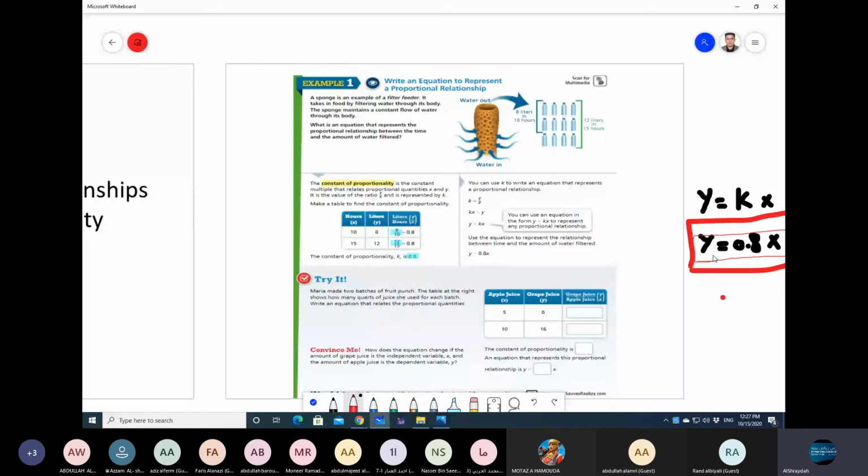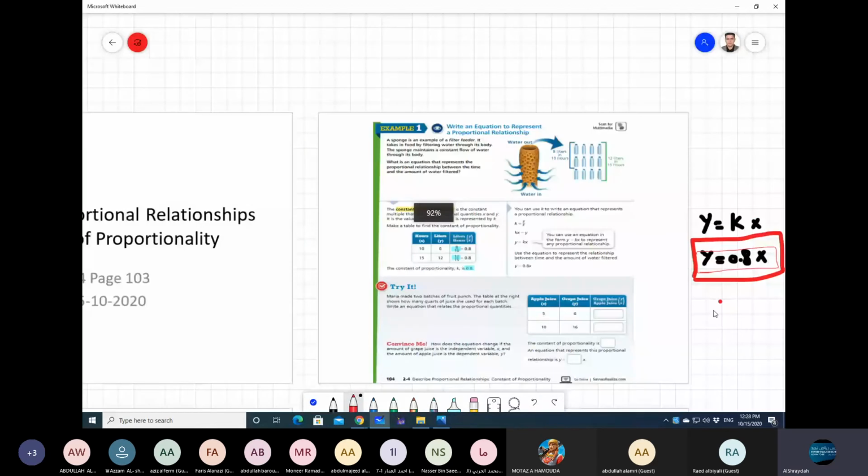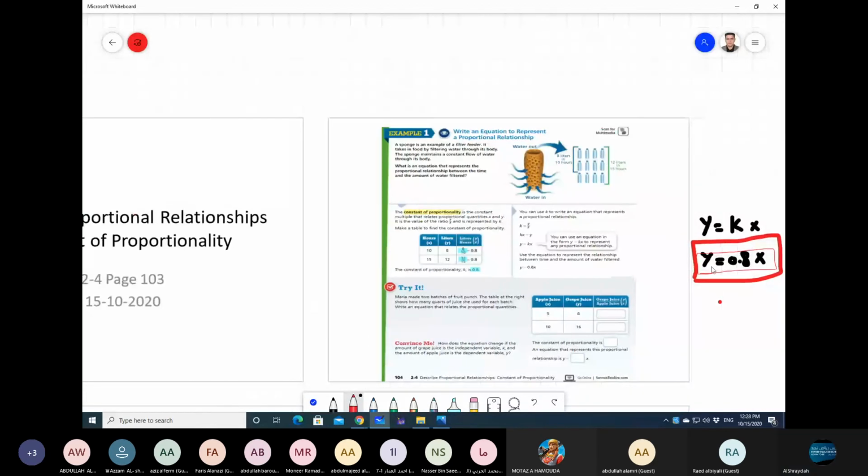You can substitute in the equation and find the answer. So we can use this equation to find the values of y or x that do not exist in the table.